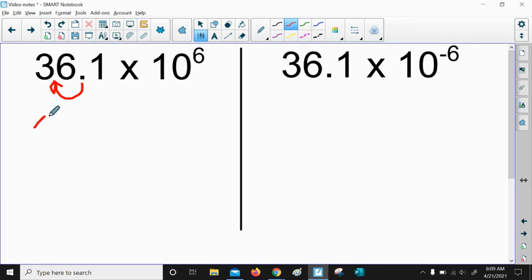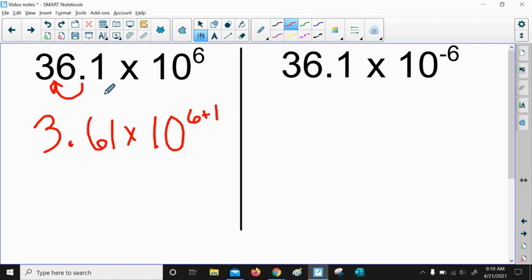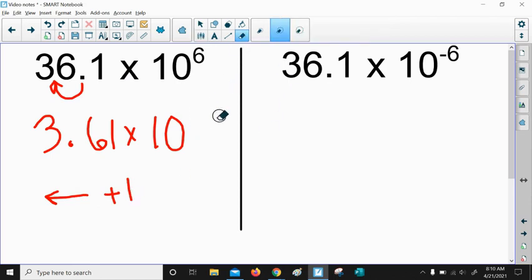My new number, 3.61 times 10 to the 6 plus 1. Now, we move the decimal point one time to the left. When you move it to the left, you are going to add 1 to your power. So my power is now 7.